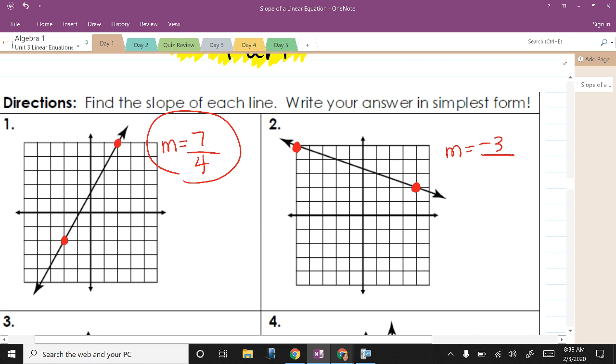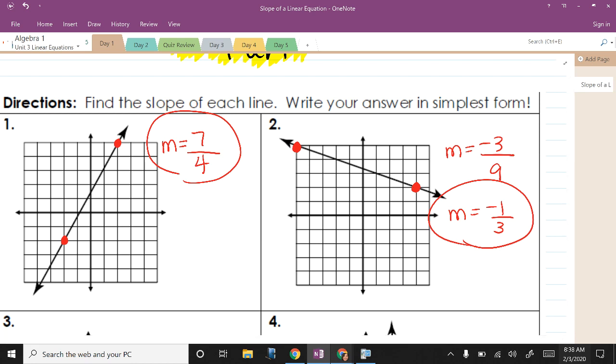And I go to the right how many times? 1, 2, 3, 4, 5, 6, 7, 8, 9. And does that simplify to what fraction? Negative 1/3. And just also double check, this slope is negative, so it should be going down from left to right. This slope is positive, so it should be going up from left to right.